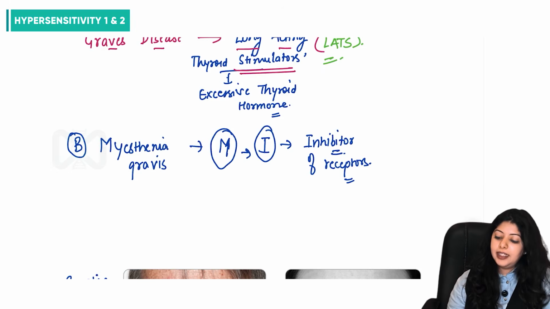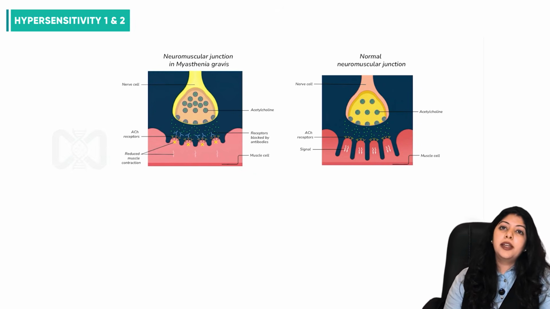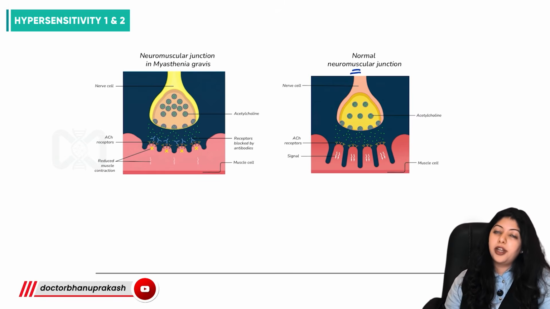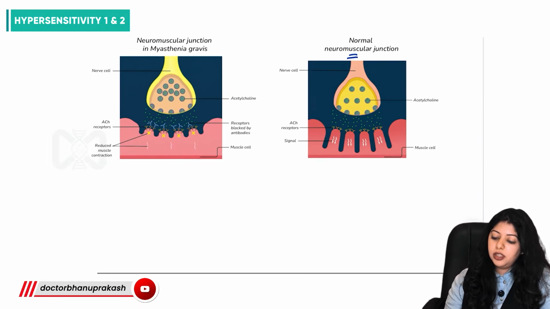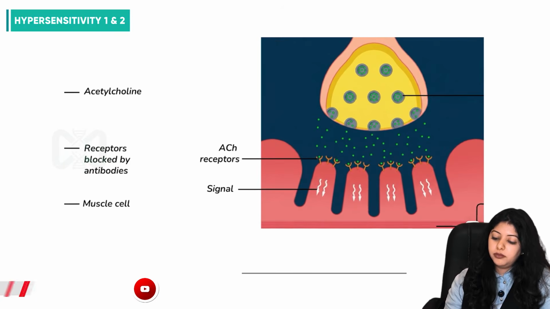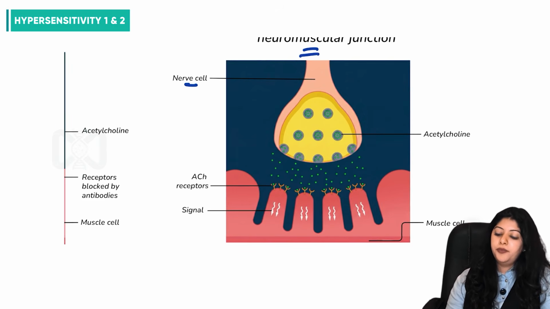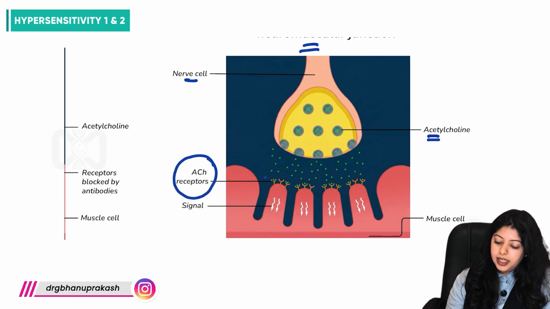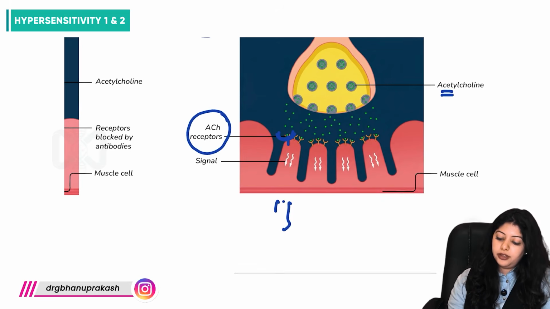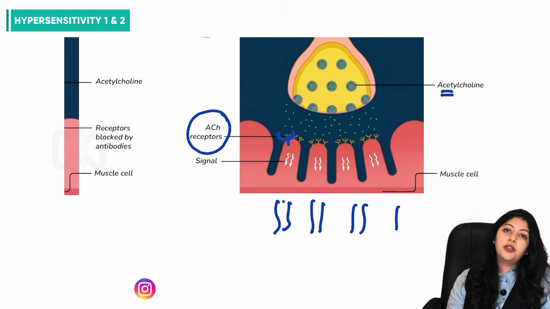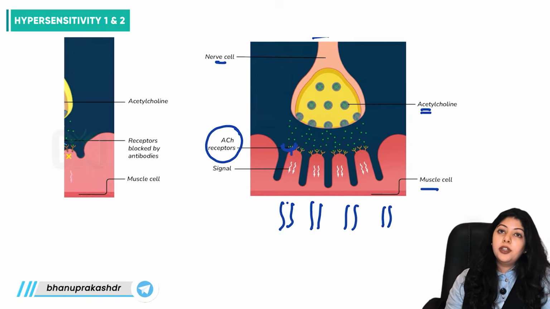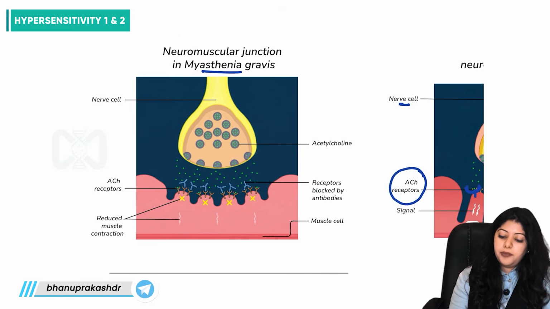So what exactly is happening in myasthenia gravis? Let us look at the image. At a normal neuromuscular junction, for contraction to occur, suppose this is the nerve cell. It releases acetylcholine, which binds with the ACh receptors, leading to the signal of muscle contraction, right? Now, what is happening in myasthenia gravis?